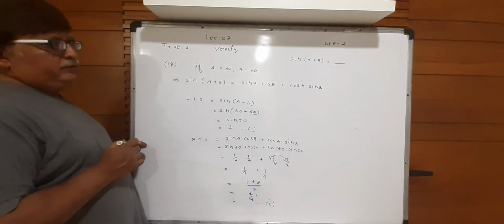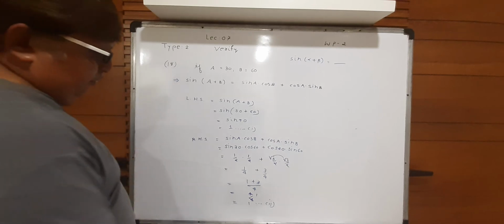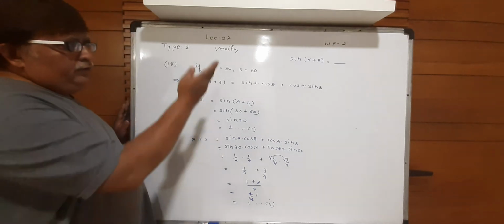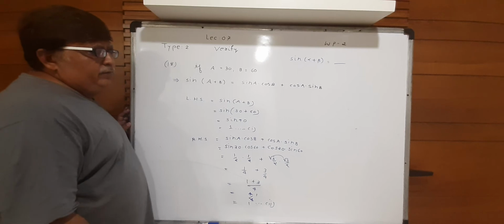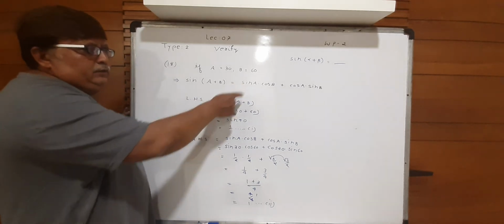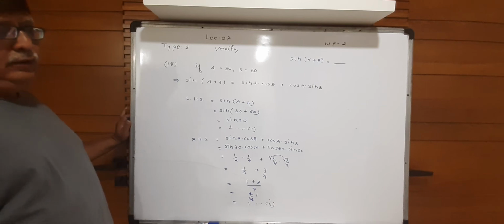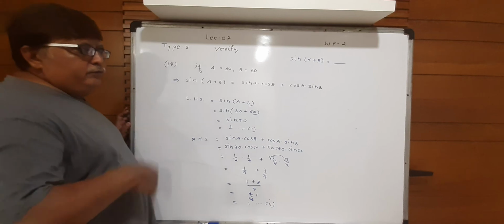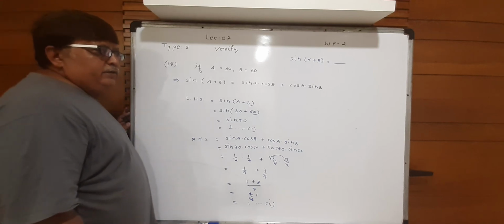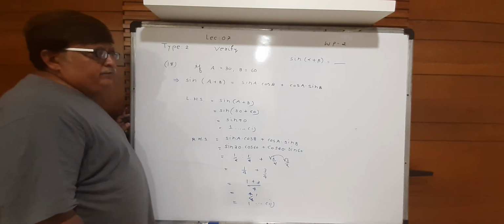They can ask such fill in the blanks in trigonometry. So what you will write? Sin(alpha plus beta) equal to sin alpha into cos beta plus cos alpha into sin beta. This way they can design the MCQs in board exam.